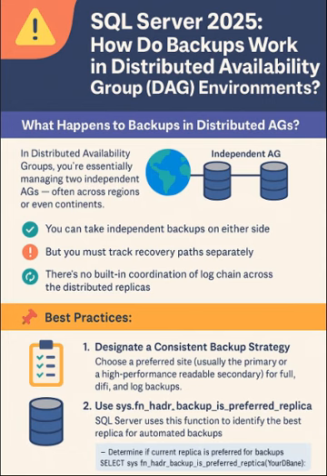Each AG maintains its own backup strategy, with no automatic propagation of backup metadata. This means you can take independent backups on either side, but you must track the recovery path separately. There is no built-in coordination of the log chain across the distributed replicas.